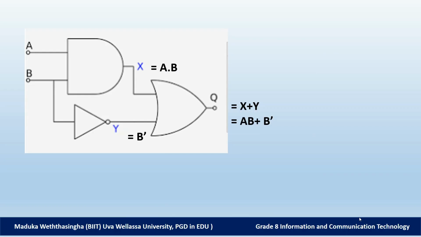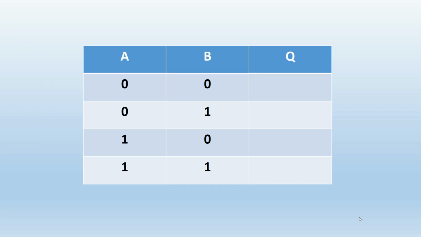Then we can replace the letters X and Y using A and B. Then finally Q equals A dot B plus B bar. So you have to draw the truth table. There are two inputs, so you can draw the truth table in this way and leave the Q column, which is our output column.